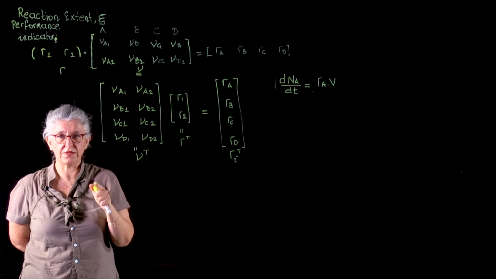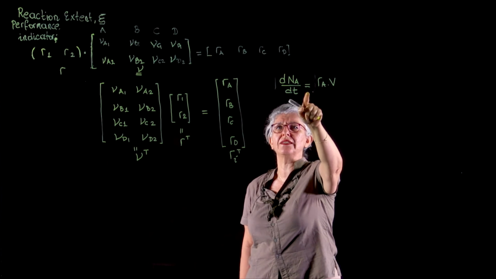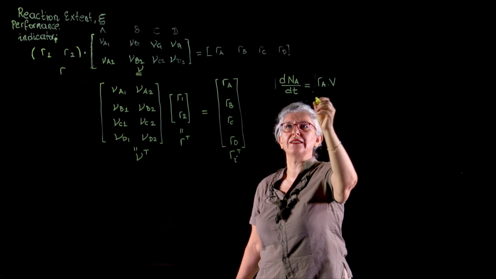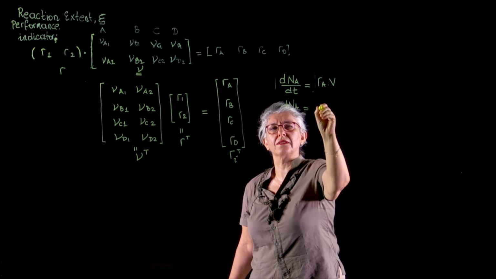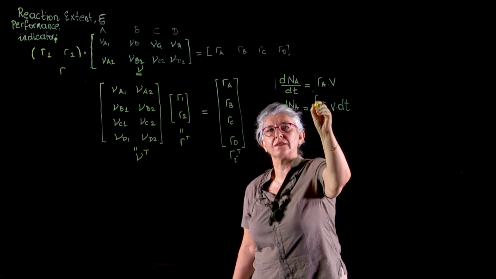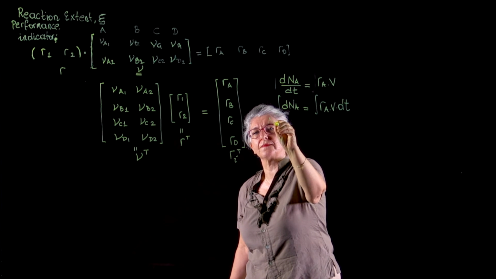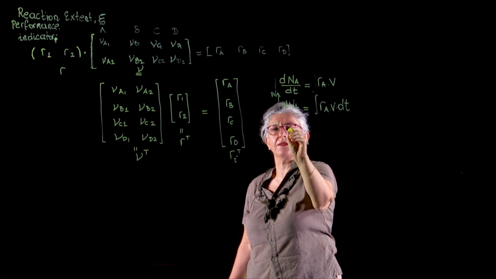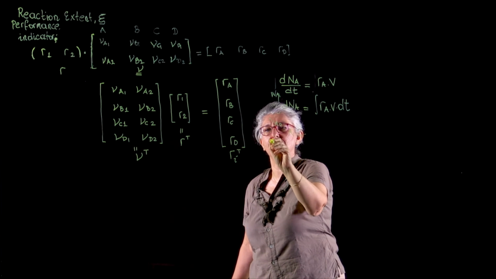So we are carrying out this analysis for a batch reactor. Here is our design equation for a batch reactor. dNA over dt is equal to Ra times V, and I'm going to integrate this expression between the initial and final states, Na minus Na0.